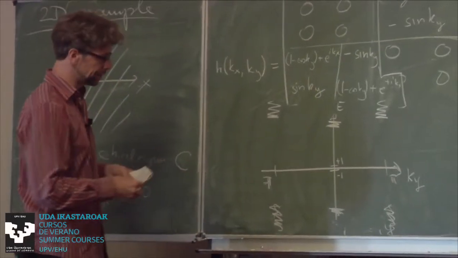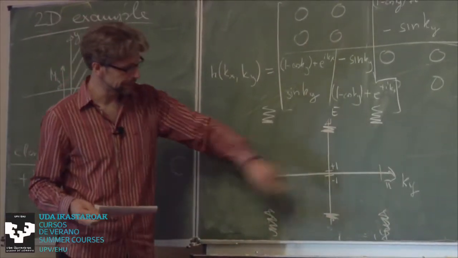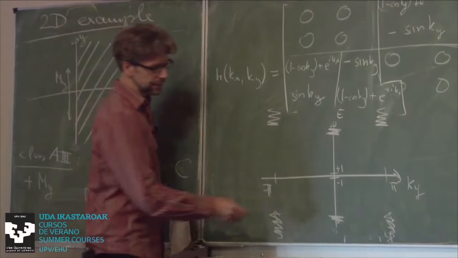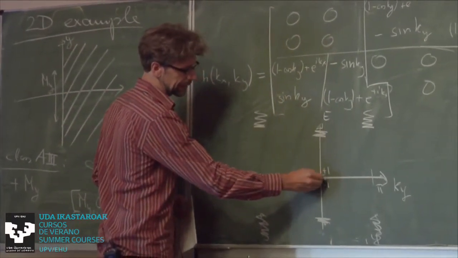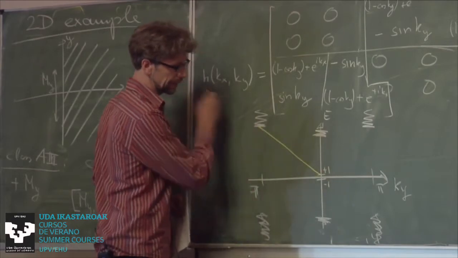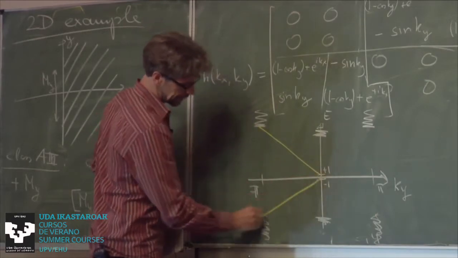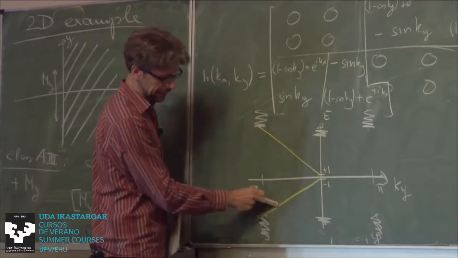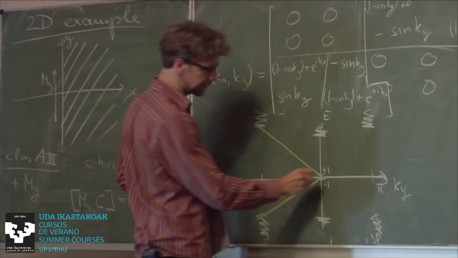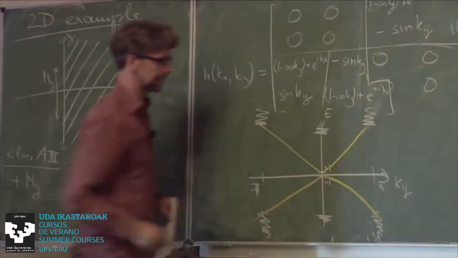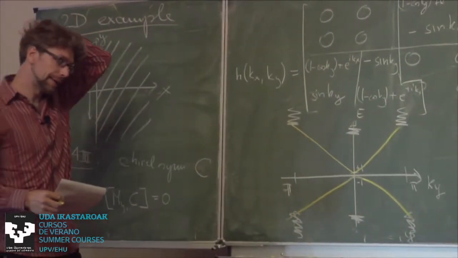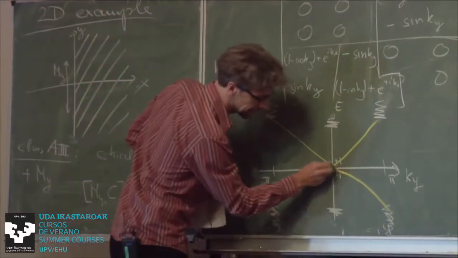And then you can ask yourself, how do these things connect? It turns out that, by chiral symmetry, which is now a spectral symmetry that is everywhere in the spectrum, if I have a state here, I have to have one at minus the energy. They have to close up like this, right? And so there's really a crossing here.